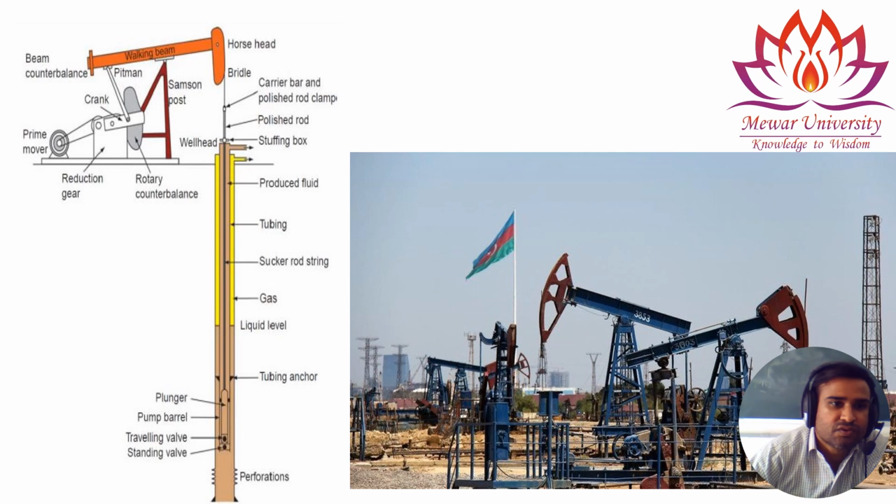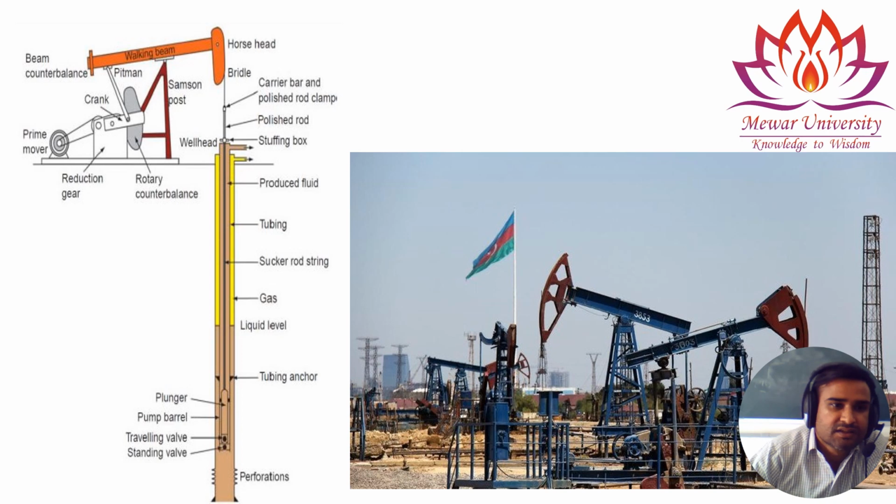This is produced fluid, tubing, sucker rod string, gas, then liquid level. This is tubing anchor. This is a plunger, pump barrel, traveling valve, standing valve. So below the plunger, you have a traveling valve and standing valve.